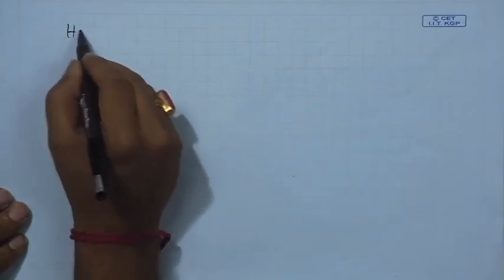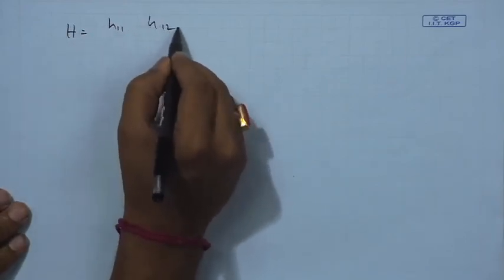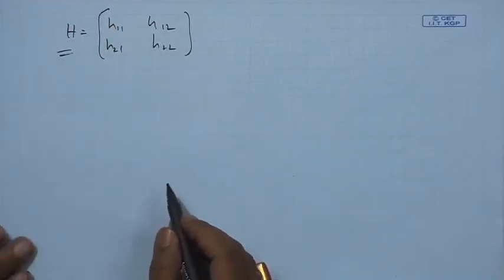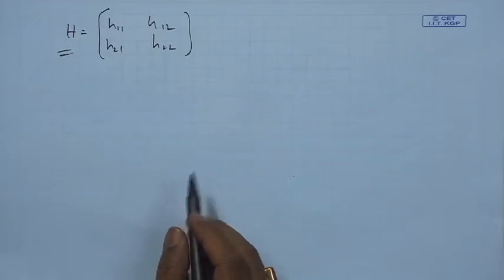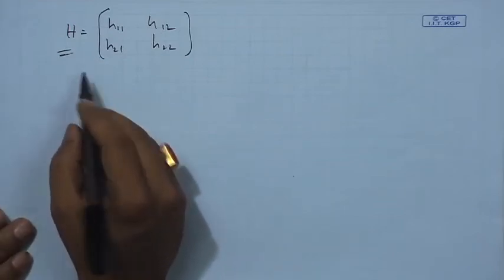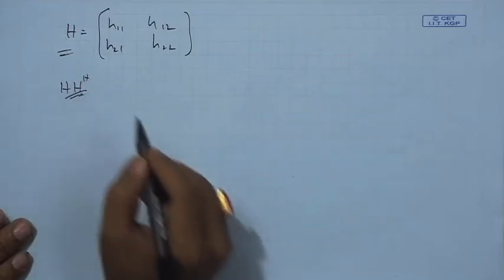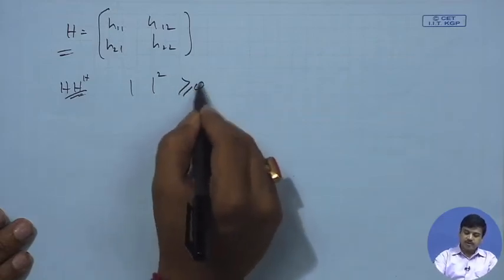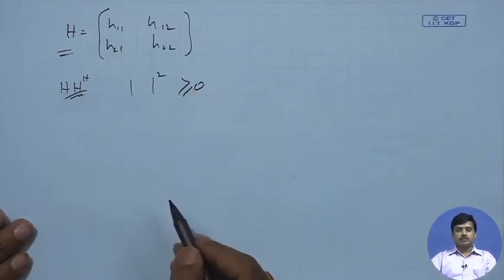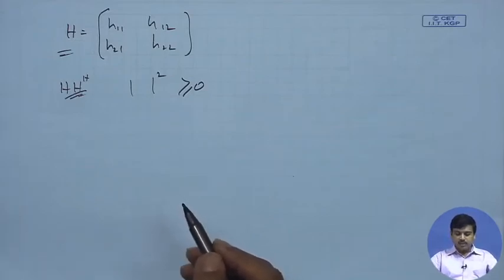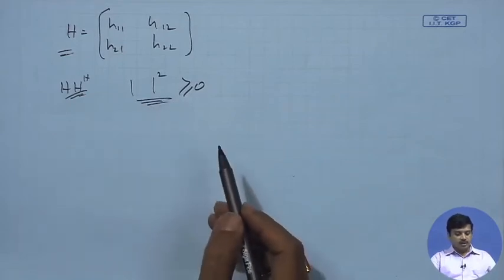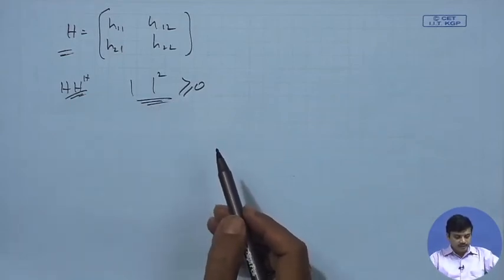If you set out with H equal to H11, H12, H21, H22, you will arrive at conditions where this particular product has only terms which are mod squared terms, and mod squared terms are greater than or equal to 0. The minimum value that mod squared terms can get is 0. It cannot take negative values, and that's another reason why you would call it positive semi-definite.